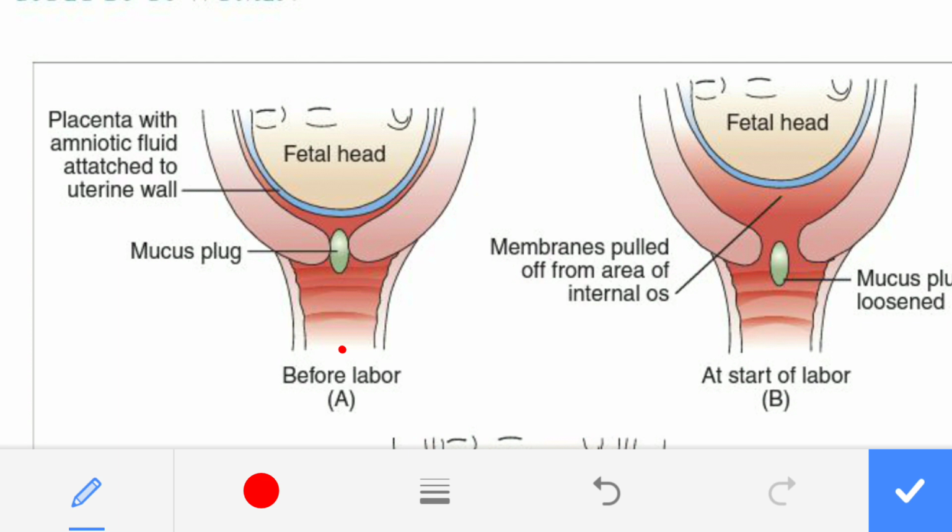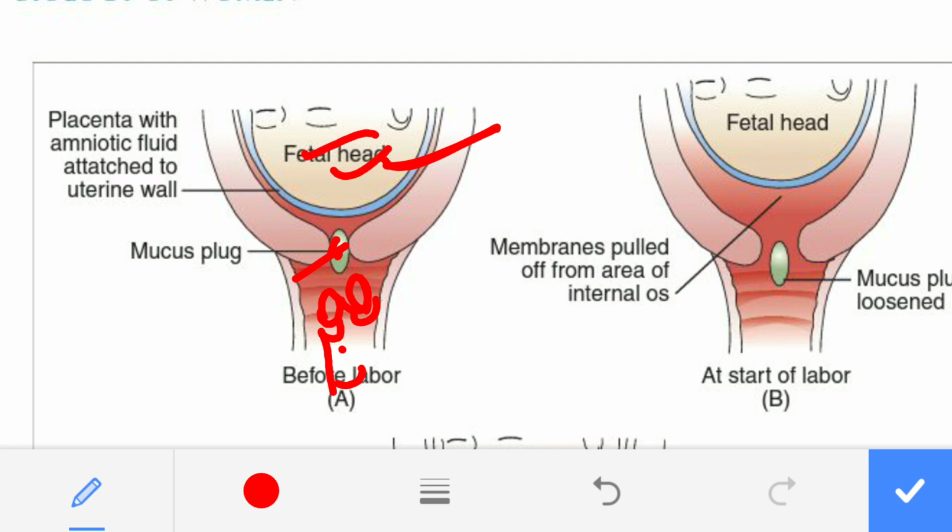Now the mother is pregnant. It is possible that the couple, the mother and father, perform sexual intercourse during the pregnancy. In the father's semen there are sperm. Since this mucus plug is there, these sperm cannot penetrate it. Why?